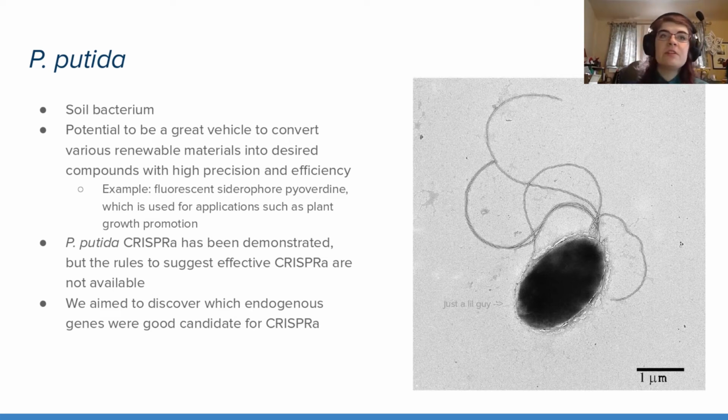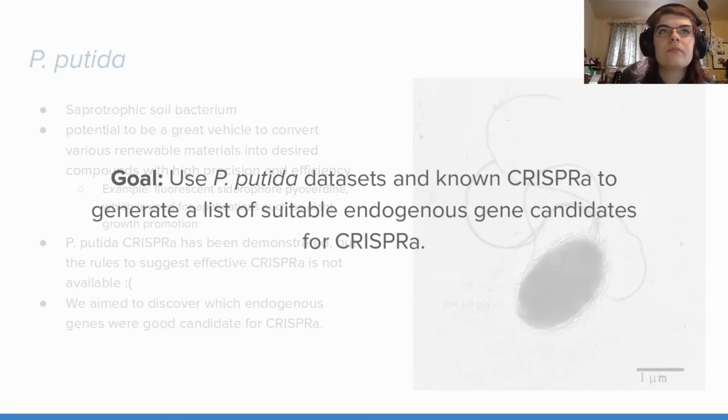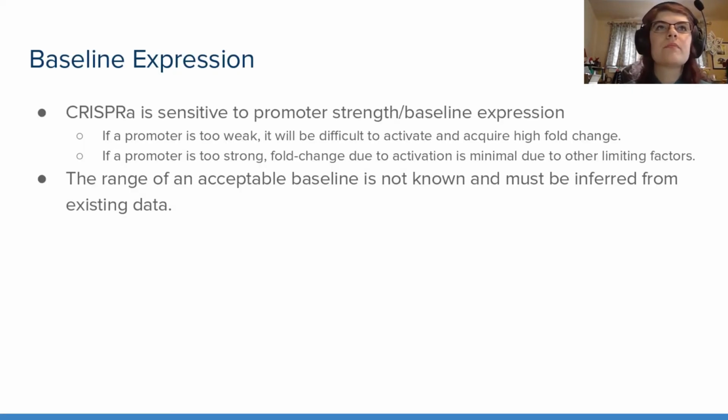Putida CRISPRa has been demonstrated, but the rules to suggest effective CRISPRa are currently not available. And so in this project, we aim to discover which endogenous genes were good candidates for CRISPRa. We wanted to use data sets and known rules to generate a list of suitable endogenous gene candidates for CRISPRa.